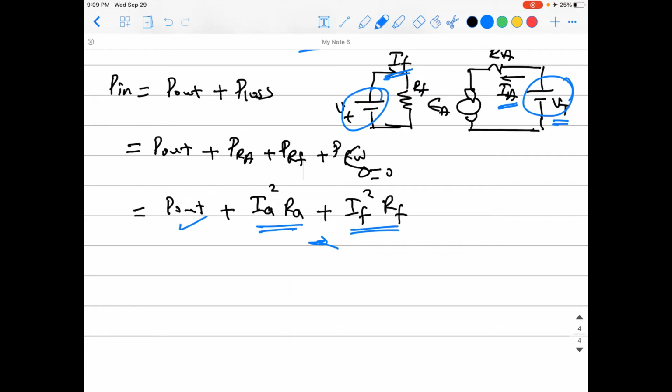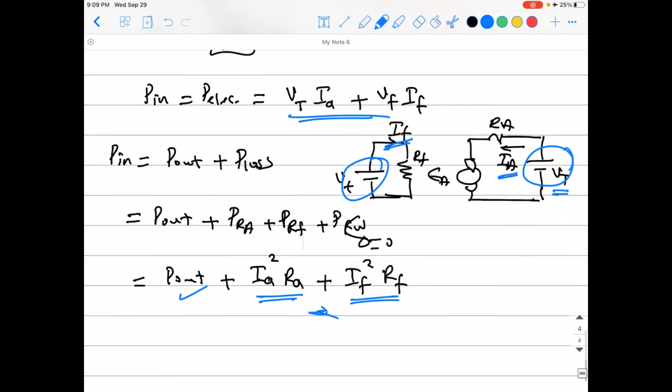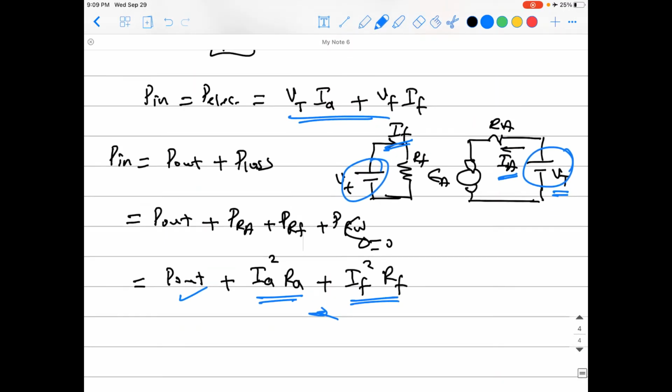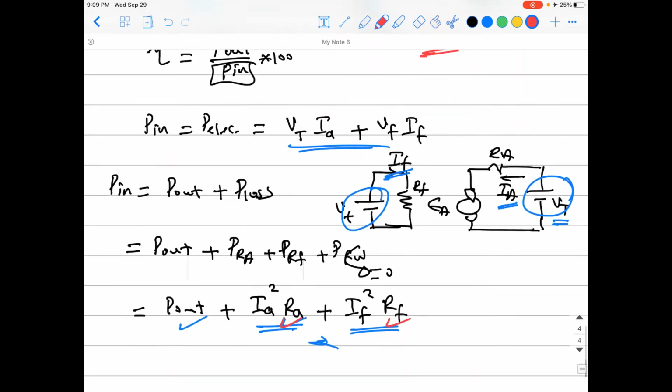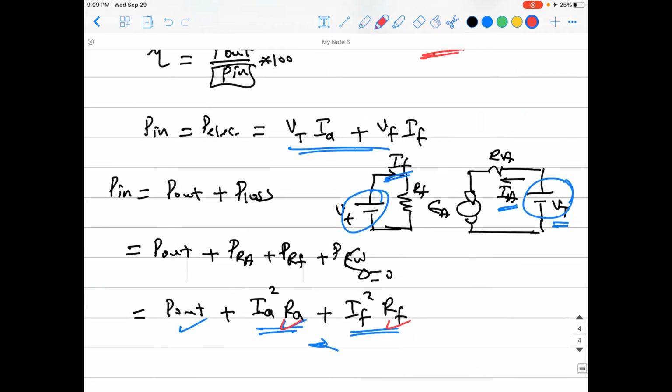How to find this? Let's play around with it. So the whole point now, we need to find both IF and IA in order to use any kind of equation. So you know RA, that's given. RA is known, RF is known. Or if you want to calculate from this other equation, V terminal is known and VF is known.